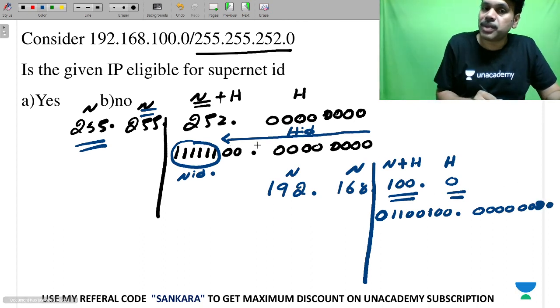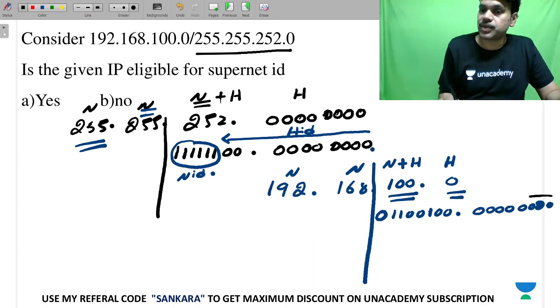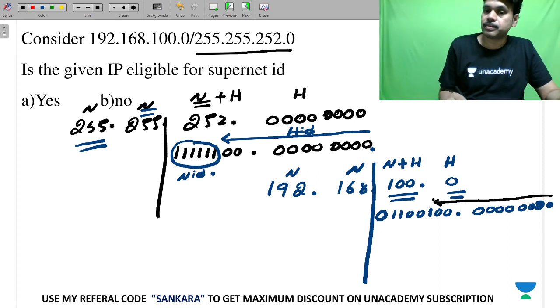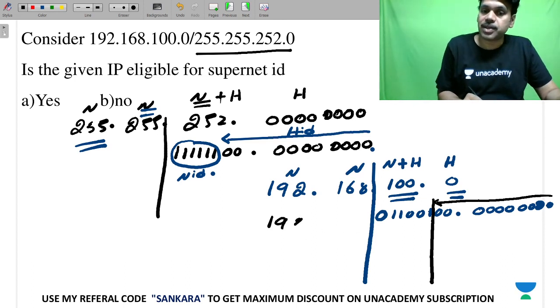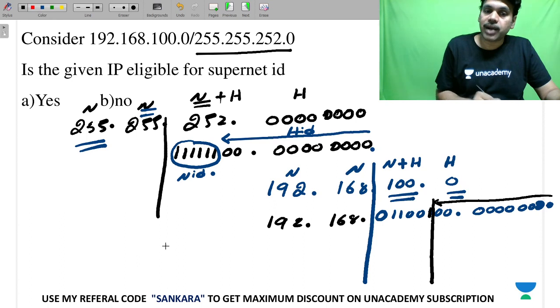So how many bits are for HID? 10 bits are for HID. 8 bits here, 2 bits here. So leave that gap. So drop it as it is now. 192.168 and then the binary. And write the subnet ID.